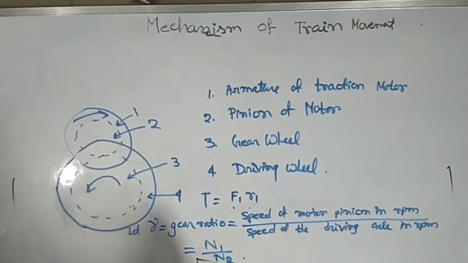Capital N1 is the speed of the motor pinion in RPM and N2 is the speed of the driving axle in RPM.